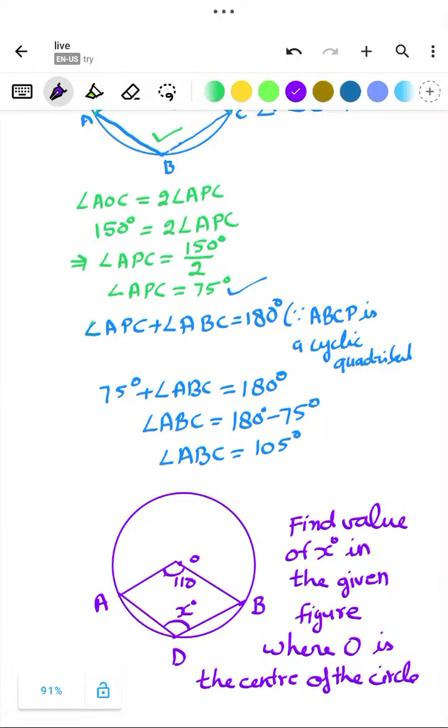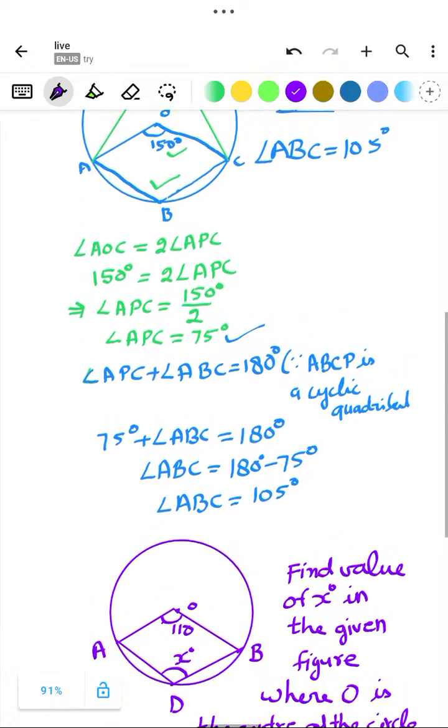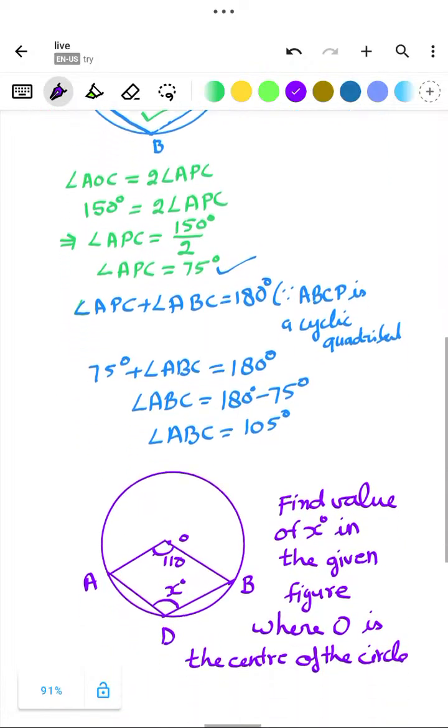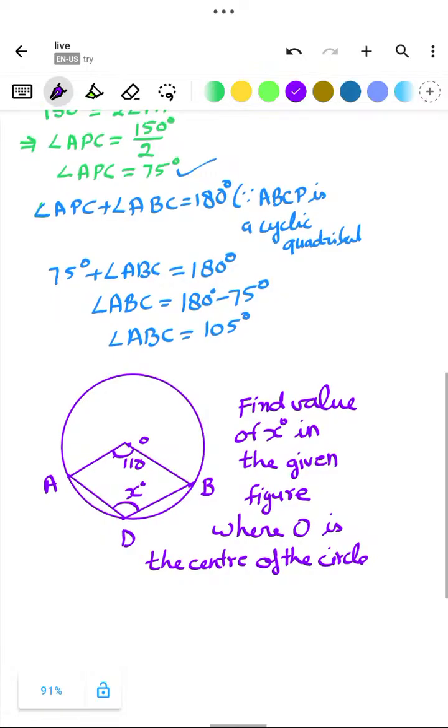So try to solve this question. Very easy question and similar to that of I have solved previous. Let me name it question number 2. So this was question number 2, and this is the question which is based on question number 2. So very easy to solve.